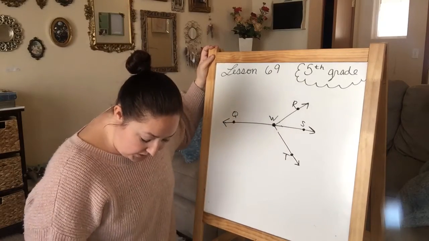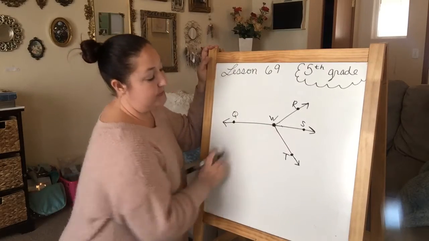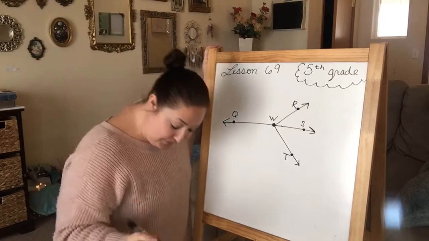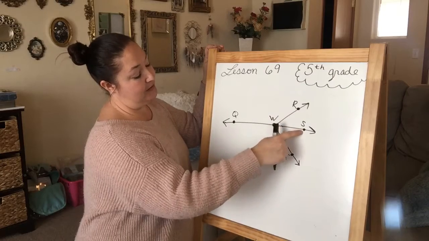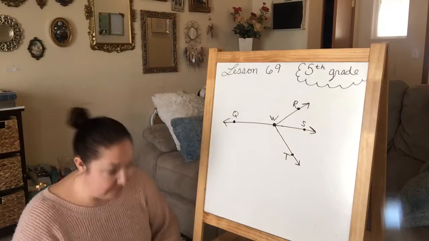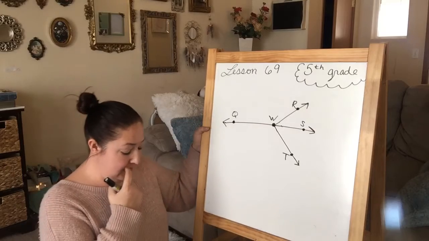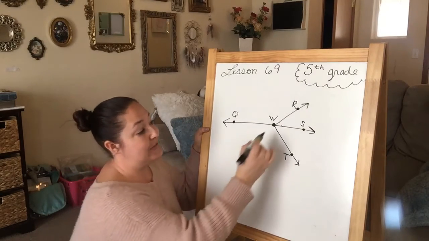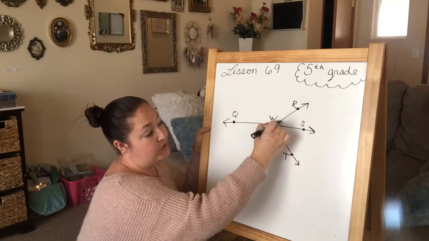Now what does it say? Which angle is the supplement of RWS? So, what is the supplement of RWS? Can you figure it out without looking at the solution? Supplementary angles equal 180 degrees. So this is RWS. We have this kind of angle.